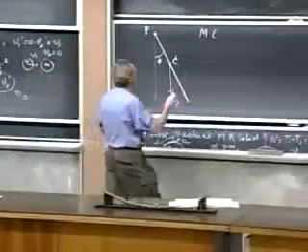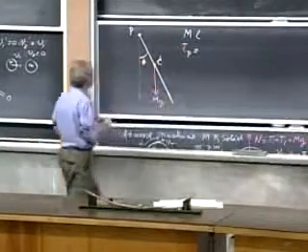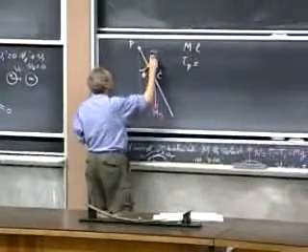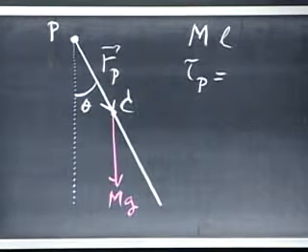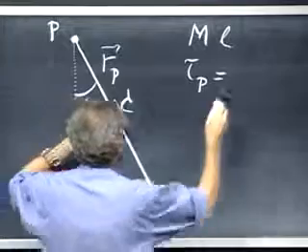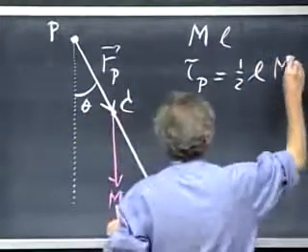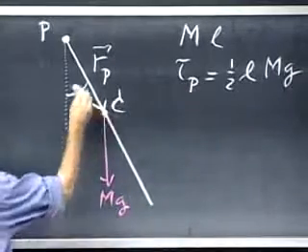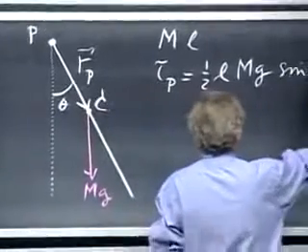So the torque relative to point P, the magnitude, is the position vector, r of P, from here to here, crossed with this force. And so that makes it 1/2 L times mg times the sine of the angle, and the angle is theta, so that is times the sine of theta.